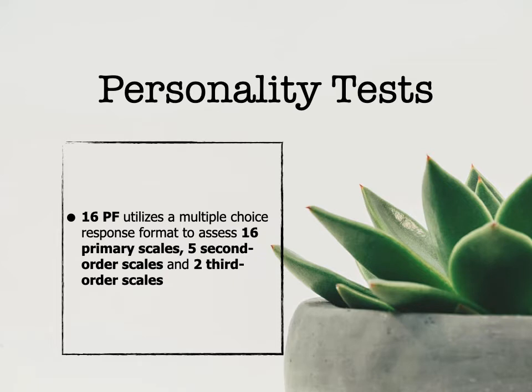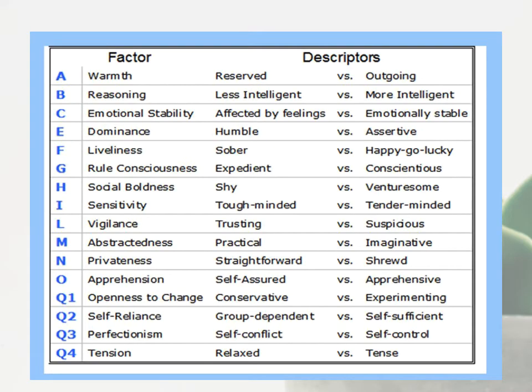So what are the 16 factors of the 16PF? You have warmth, reasoning, emotional stability, dominance, liveliness, rule consciousness, social boldness, sensitivity, vigilance, abstractedness, privateness, apprehension, openness to change, self-reliance, perfectionism, and tension.